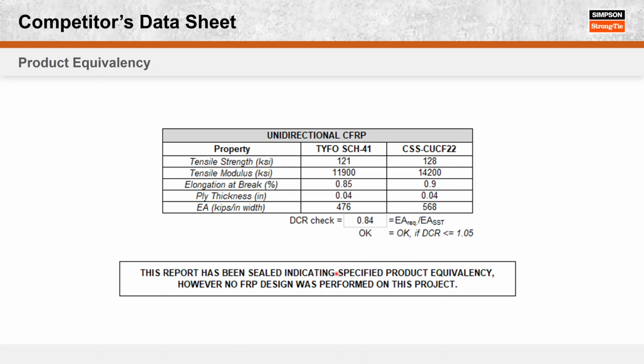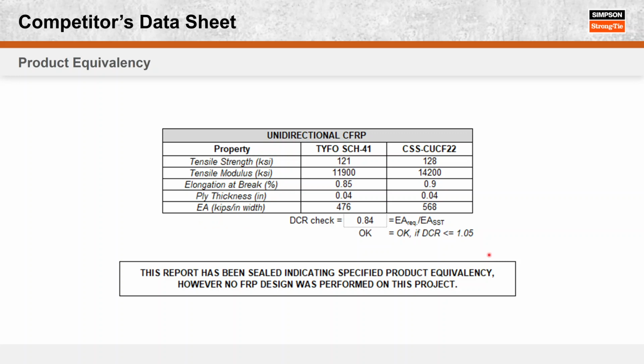We're just showing, if somebody specifies another product, we compare our product to it, and we provide a DCR where the demand is the competitor's product and the capacity is our product. What we use for the DCR is the E times A, the stiffness times the thickness of the material, because that's the best way to compare the strength of two different carbon fabrics, or any fabric.